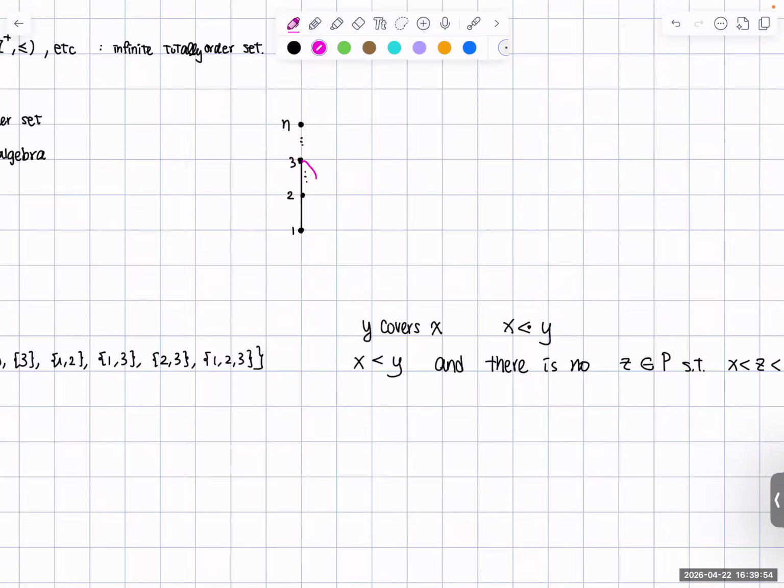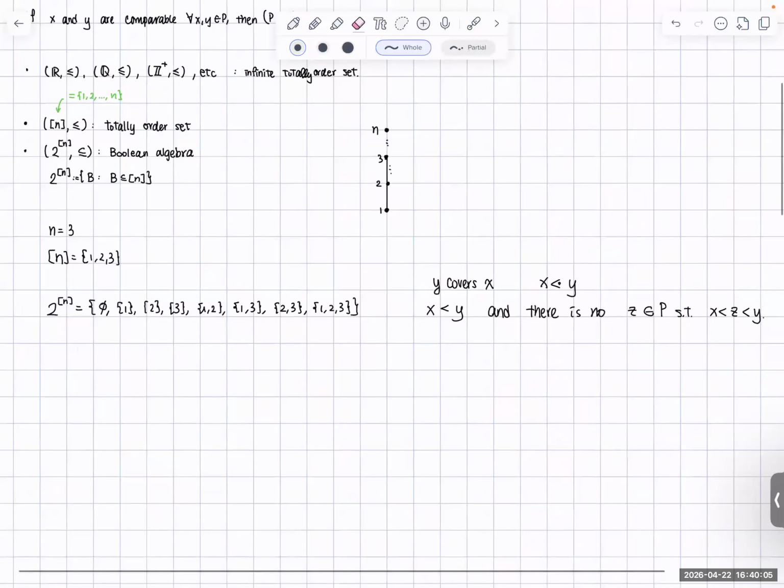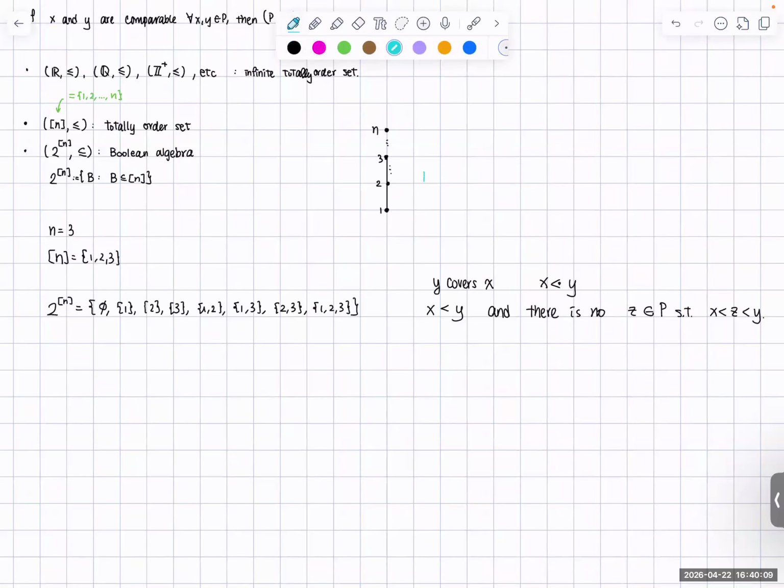You don't need to draw that 3 is bigger than 1, because if 3 is bigger than 2 and 2 is bigger than 1, by definition 3 must be bigger than 1, and therefore we don't see something like this. So that's how we draw a Hasse diagram, and the term that I've been saying many times is Hasse diagram.